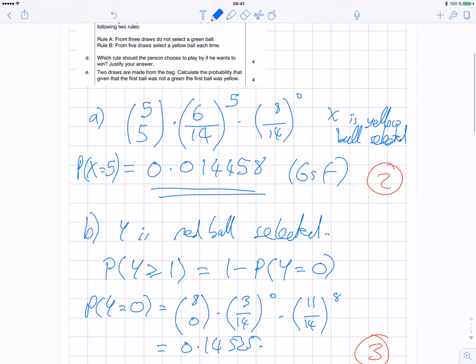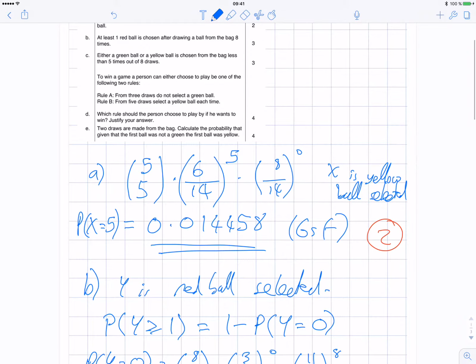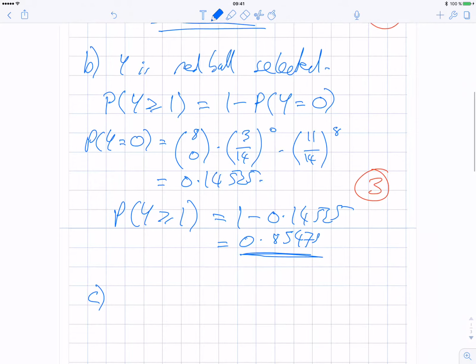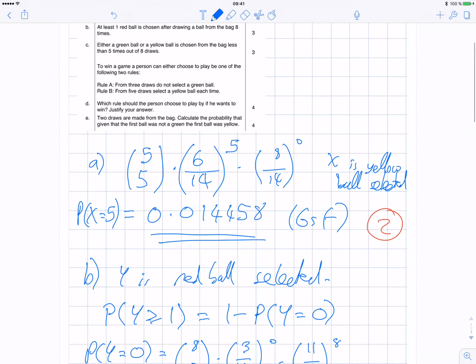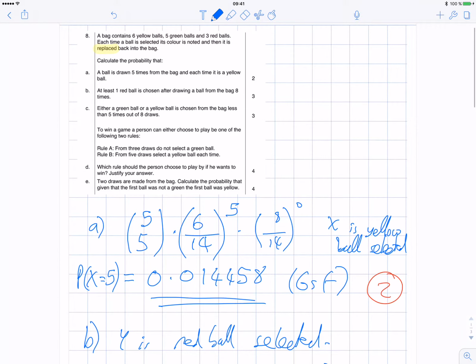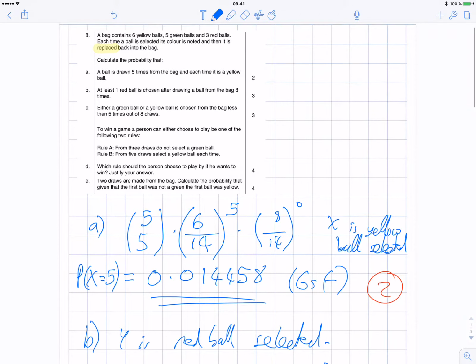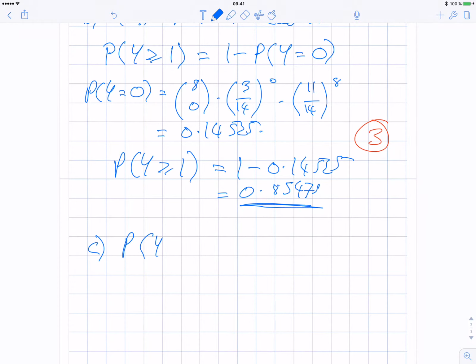So question part C. Either a green ball or a yellow ball is chosen from the bag less than 5 times out of 8 draws. So the probability of getting a yellow or a green is equal to 11 over 14.